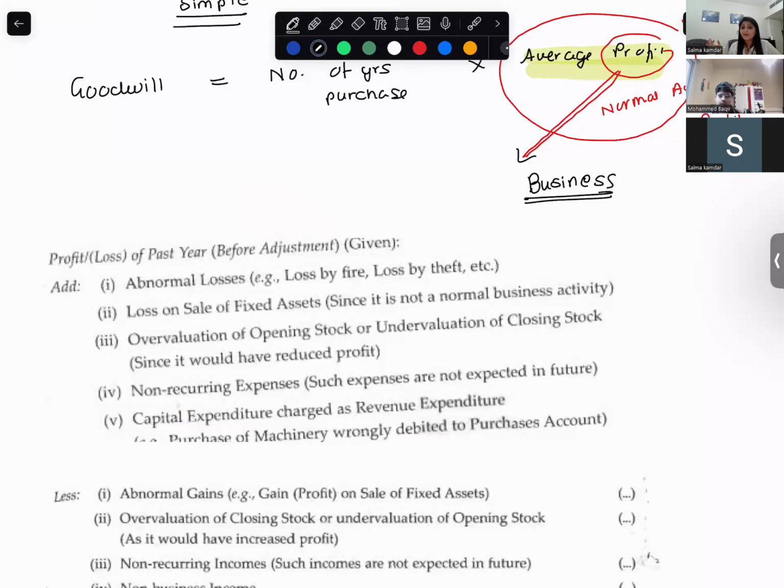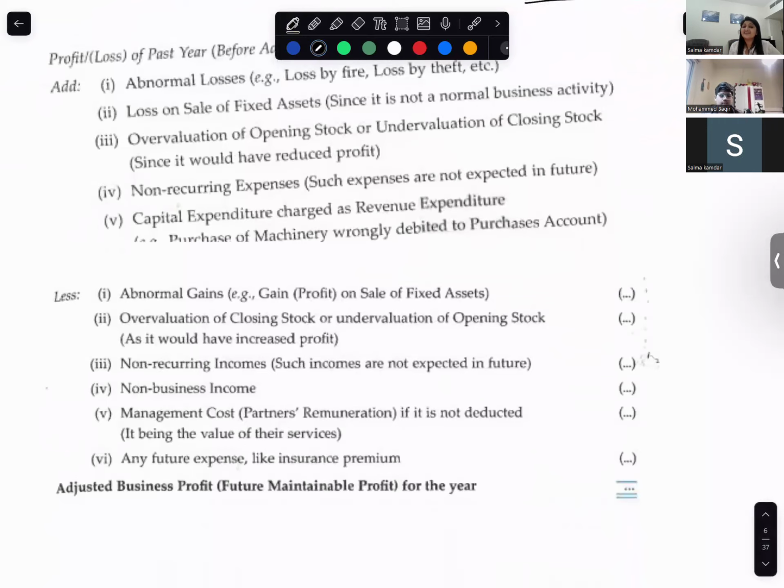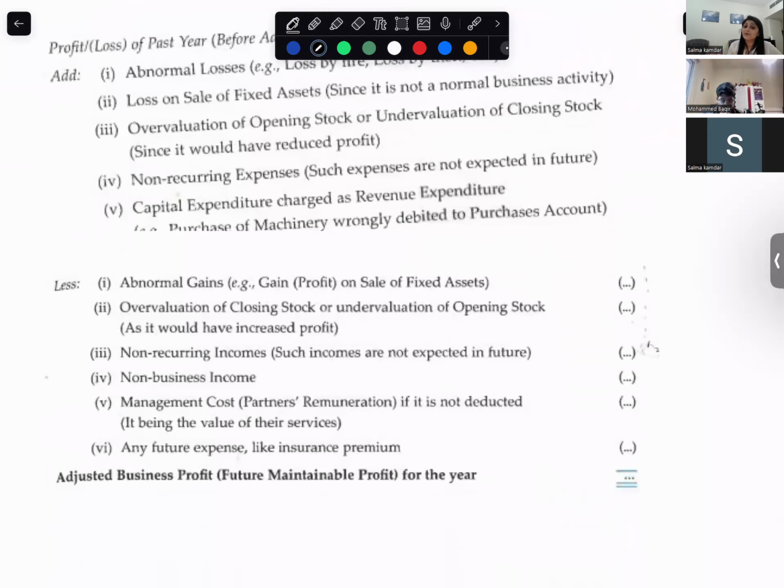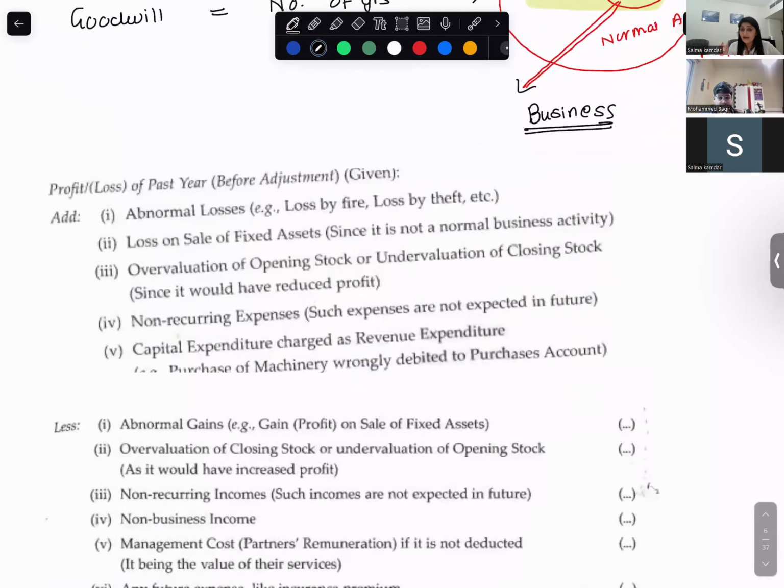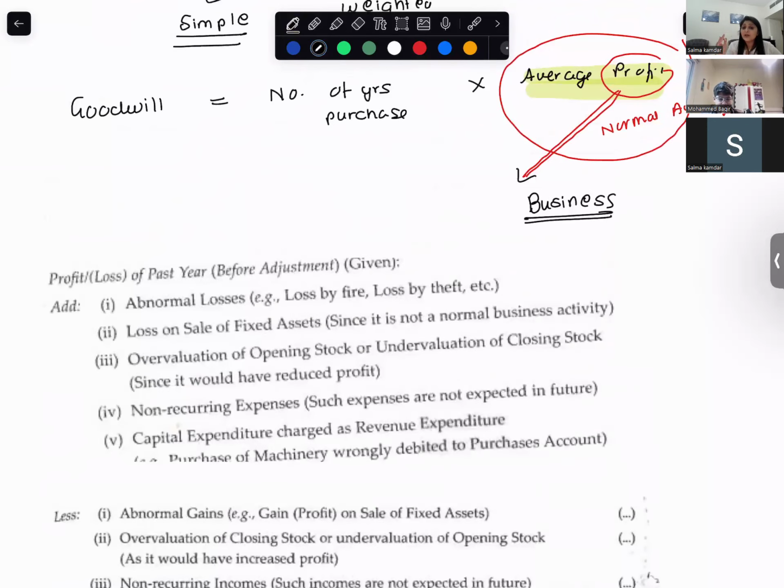If the profit is not related to the business, what will I do? I will remove it. And if there is some abnormal loss which I removed from the profit, but it is abnormal, I will add it back. Understand? When I am talking about average profit, I am talking about the profit that is related to the business.